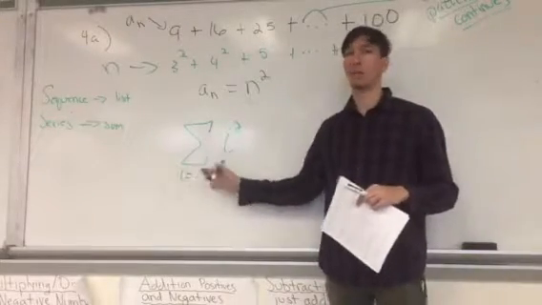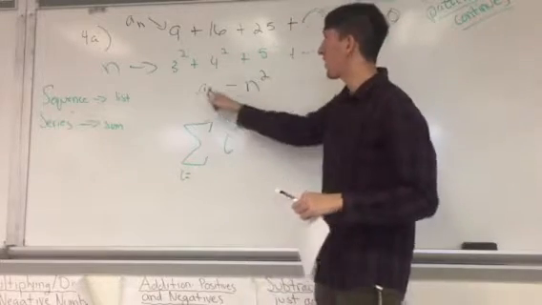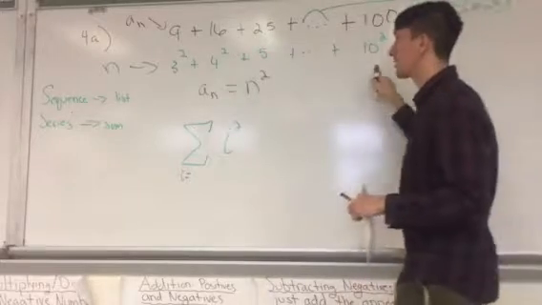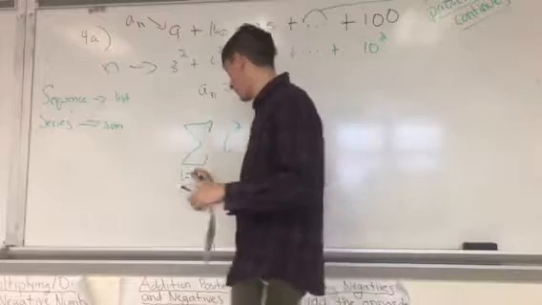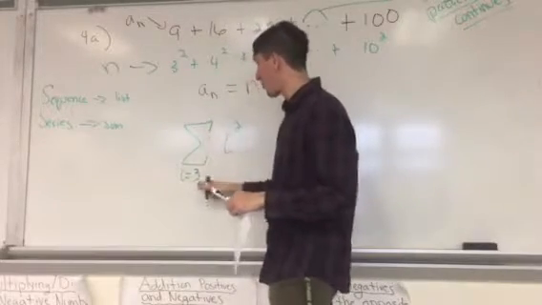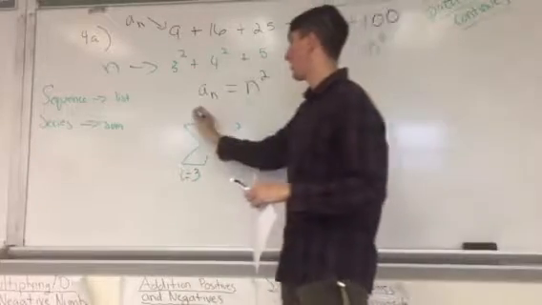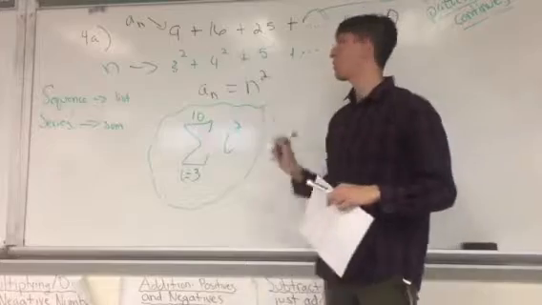It could be i, it could be k, whatever. I'm starting from 3, and I'm going to keep going until I get to 10. Because the first output is 9, and that was 3 squared. So I'm just going to sum from 3 all the way up until my highest value, which was 10, of my input. So right here is exactly what we're looking for, working backwards.